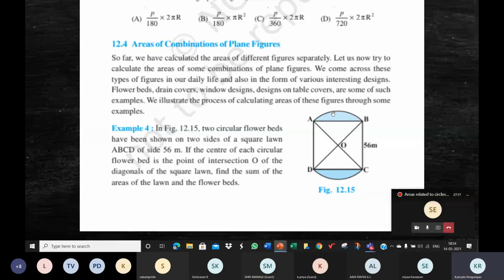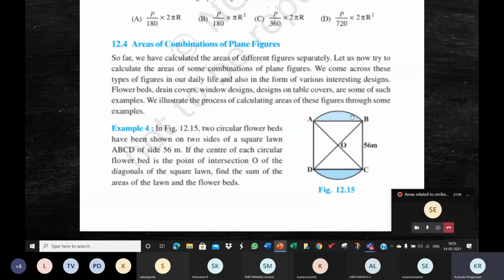Circular flower beds, so of a circle, a part of a circle. So two circular flower beds have been shown on the two sides of a square lawn. On the sides AB and CD, you can see two circular flower beds.